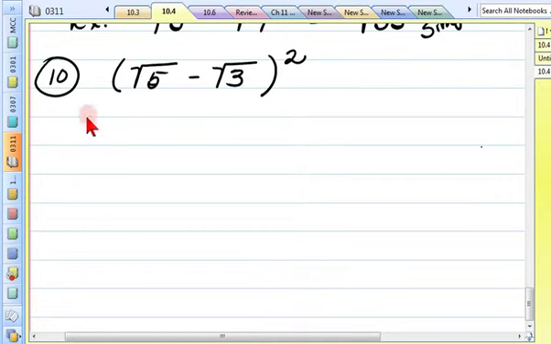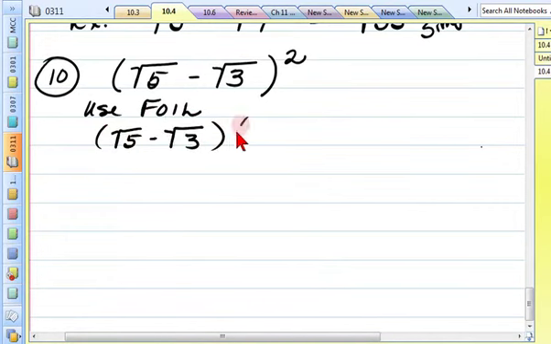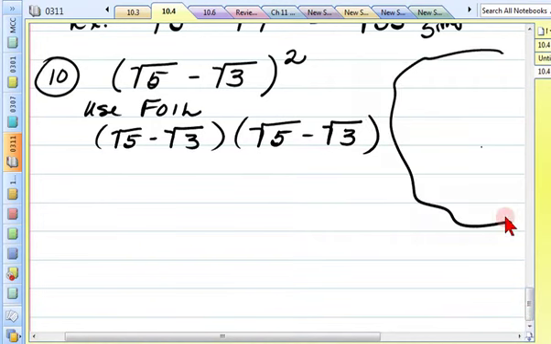All right, if I'm going to use FOIL, I'm going to have the square root of 5 minus the square root of 3 times the square root of 5 minus the square root of 3. So I just wrote it down twice. Now, off to the side, in red, which makes it important, I want to remind you of something. If you have the square root of 7 times the square root of 7, what do you get?